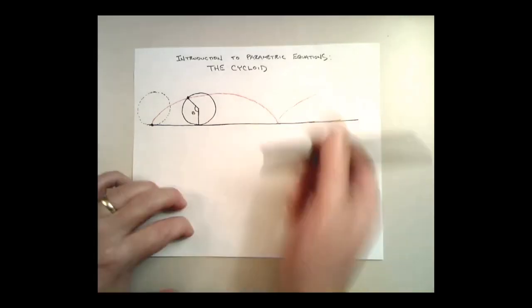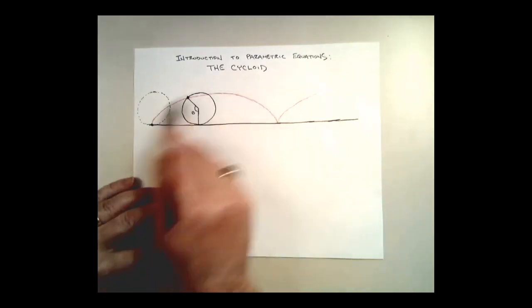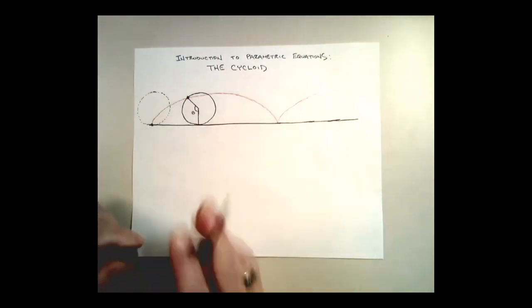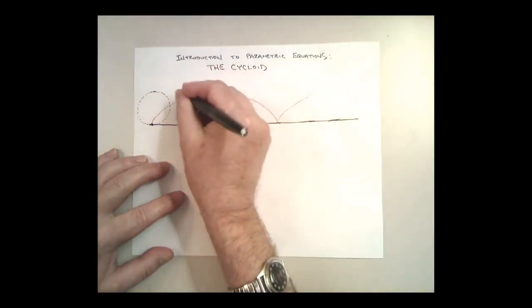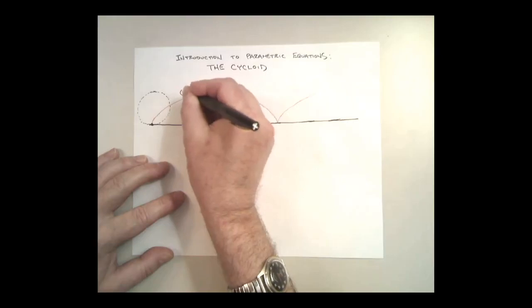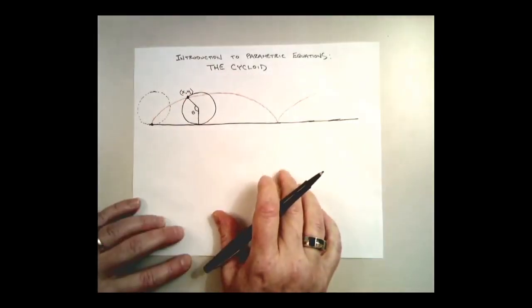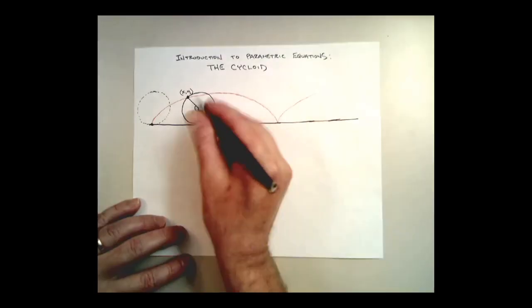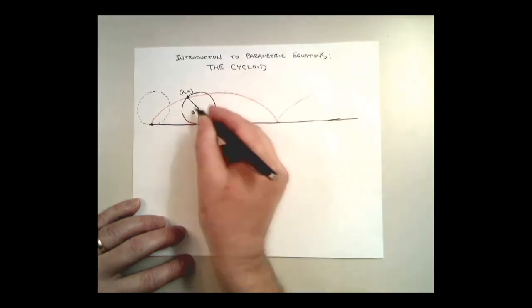And what I'm interested in is a way of describing this curve algebraically. In other words, what I'm looking for is a way to express the pair of coordinates x and y at a particular point whenever the value of theta is, well, theta.